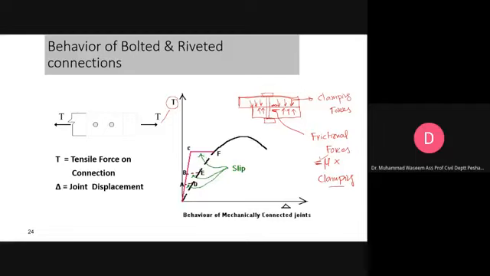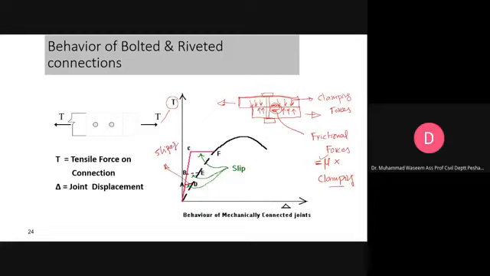Okay, what happens when the load is applied? This load is first resisted by these frictional forces. They resist the load first. Once they are overcome, there is a slippage.